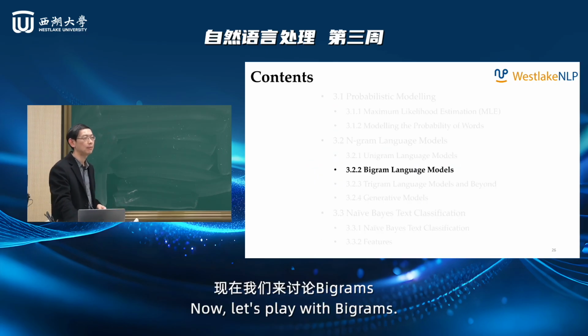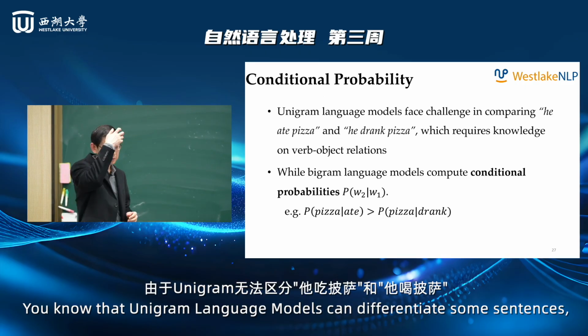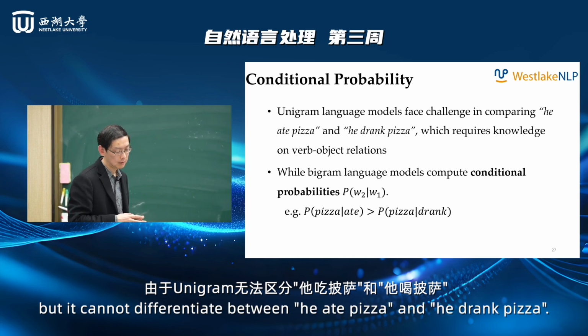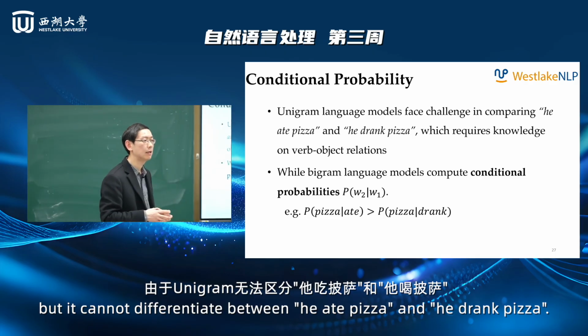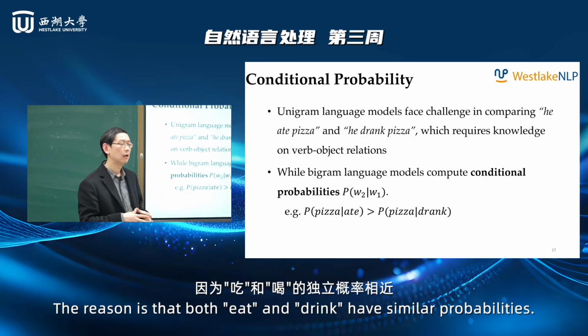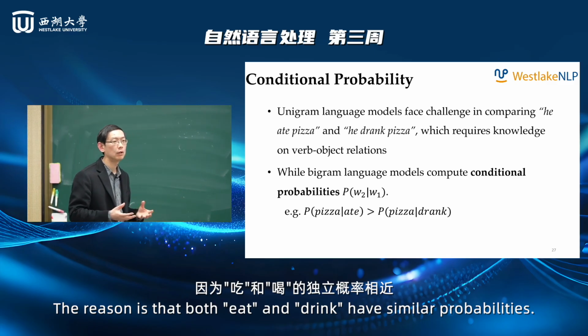Now let's play with bigrams. You know that unigram language models can differentiate some sentences, but they cannot differentiate between he ate pizza and he drank pizza. The reason is that both eat and drink have similar probabilities.